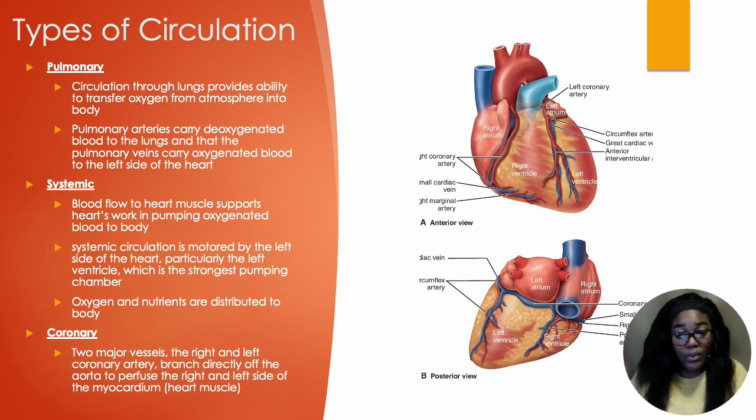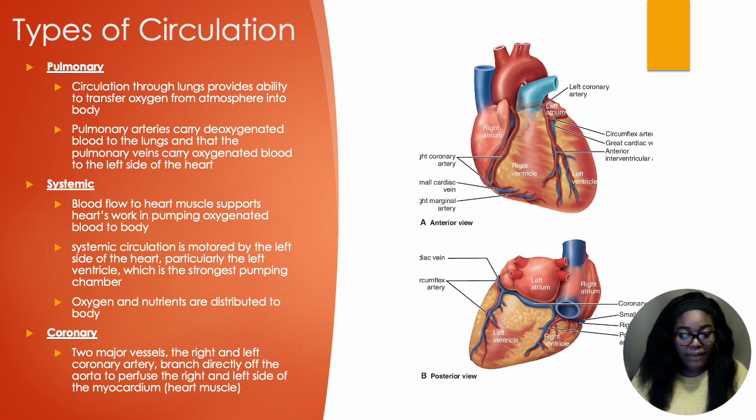When that left ventricle squeezes, it shoots that oxygenated blood through the aorta, and then that oxygenated blood goes throughout the body. Again, this is how the body gets perfused with oxygenated blood. So it must go through pulmonary circulation first, and then it switches over to systemic circulation, and that's how it gets to the areas that it needs.